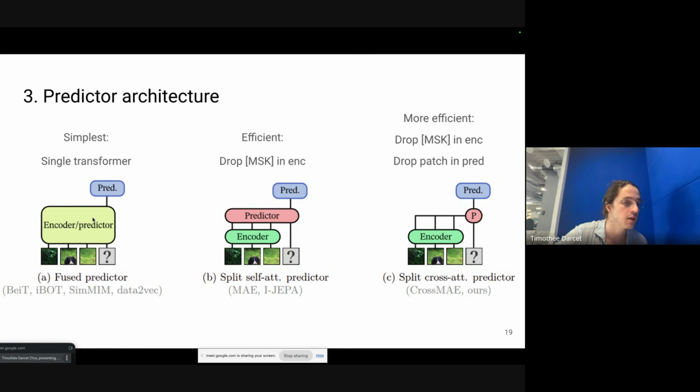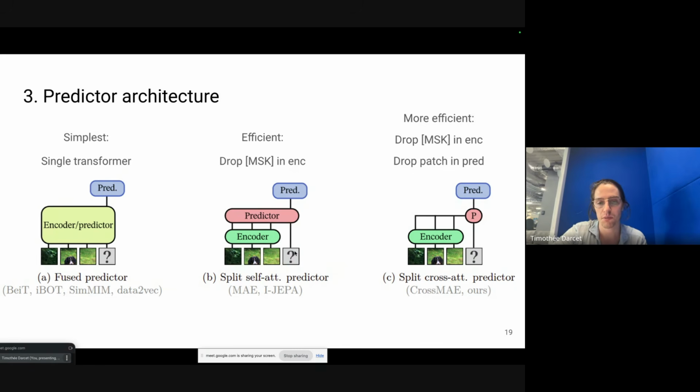And often in the teacher-student setup, this full transformer is EMA'd into another transformer that takes only all the visible patches to produce a target. Whereas what some people did, some people being MAE and I-JEPA basically, is to split the encoder and the predictor. In MAE, it was a good argument for efficiency.